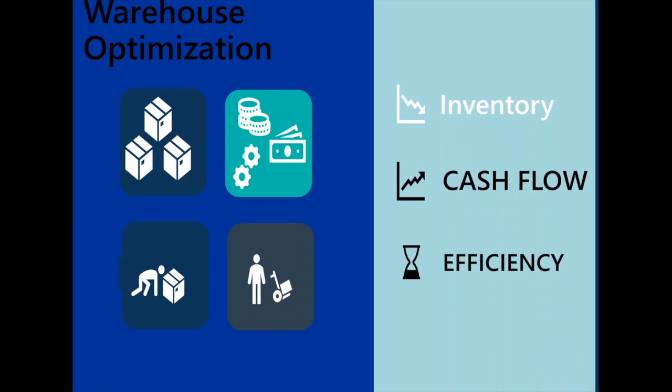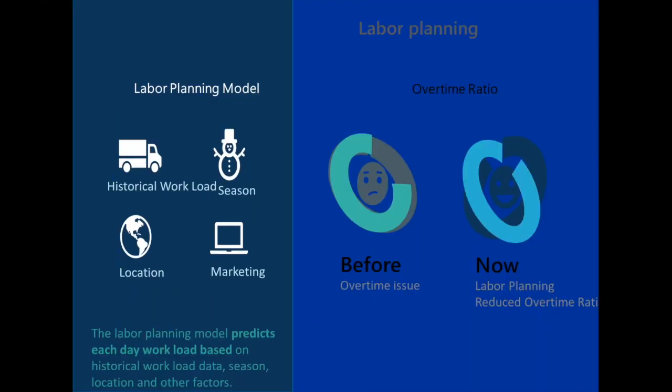Once we were able to make the warehouse lean, the next question was, please look at the external factors like seasonal information, marketing information, location information, where do people buy from, and tell me how much staff do I need to be able to run each warehouse. And so labor is expensive, and in most organizations, that's where a lot of your margin is eaten up.